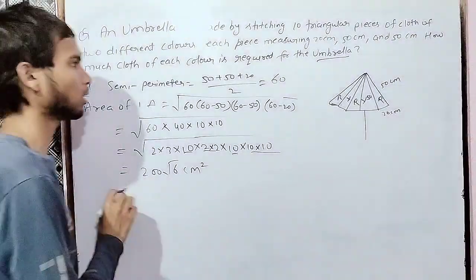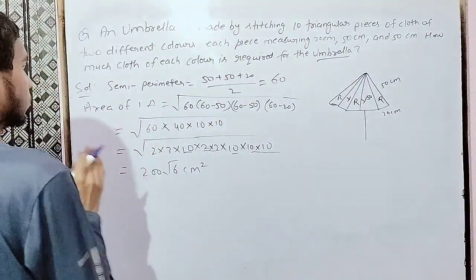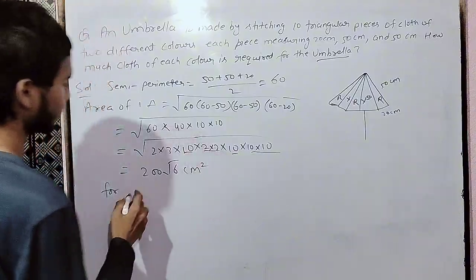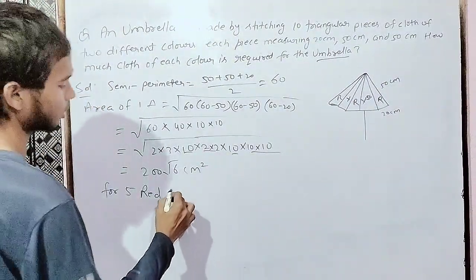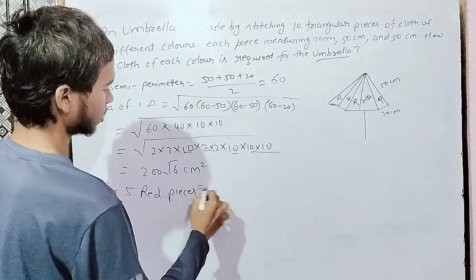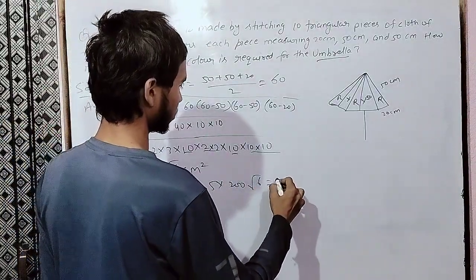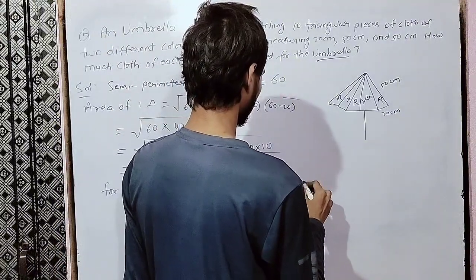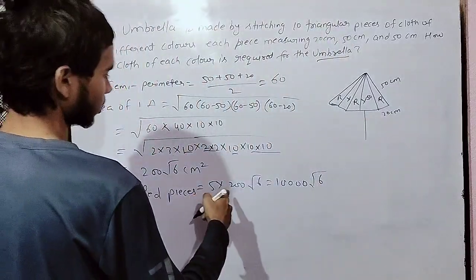Now we have to find the area of a triangle, but we are going to find the area of all the triangles. So for 5 red pieces, 5 multiplied by 200 under root 6.